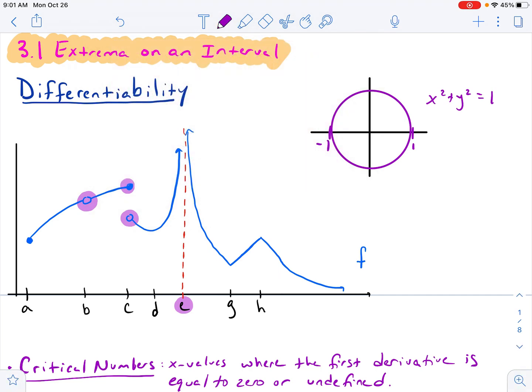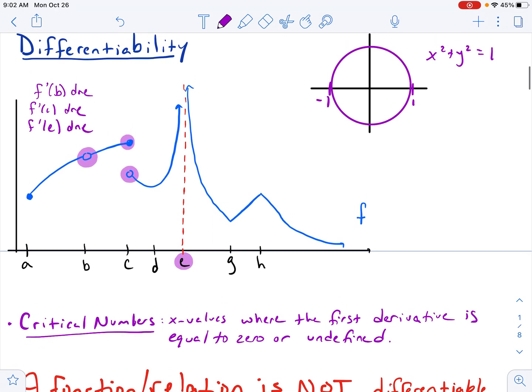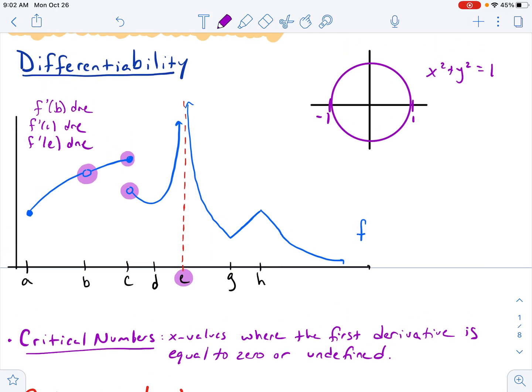Okay, so we could say that in all of these cases here, f prime of b does not exist, f prime of c does not exist, and f prime of e does not exist. Okay, does not exist where it's not continuous. Why? Well, remember, a derivative is a slope, right?